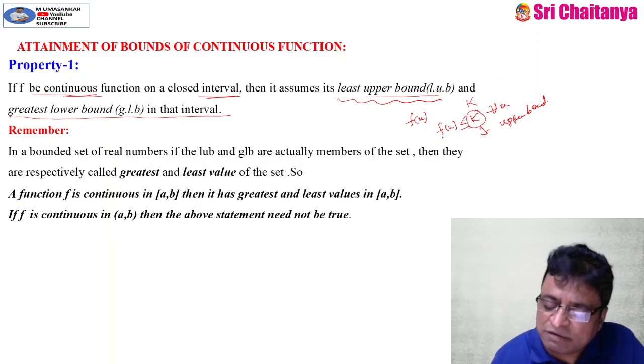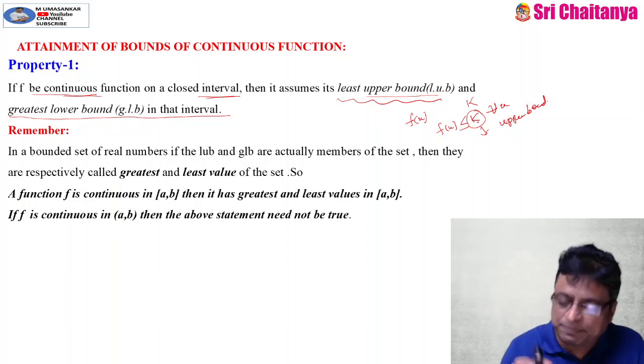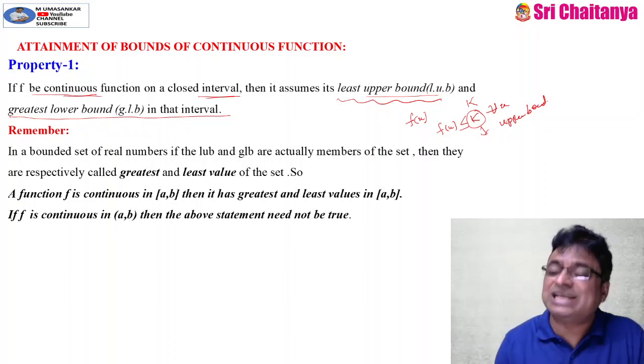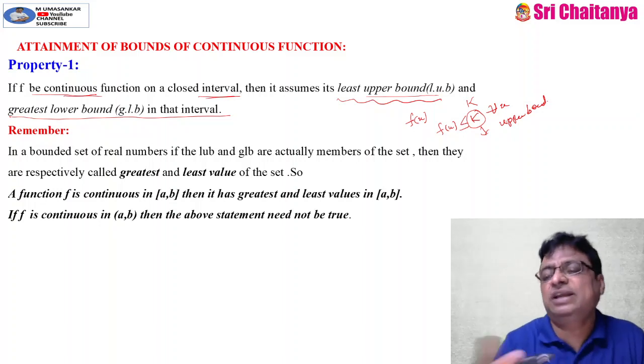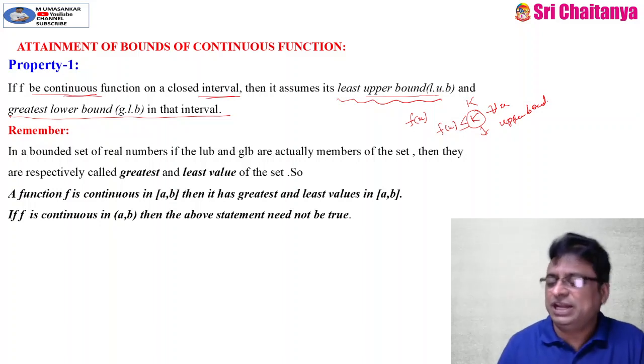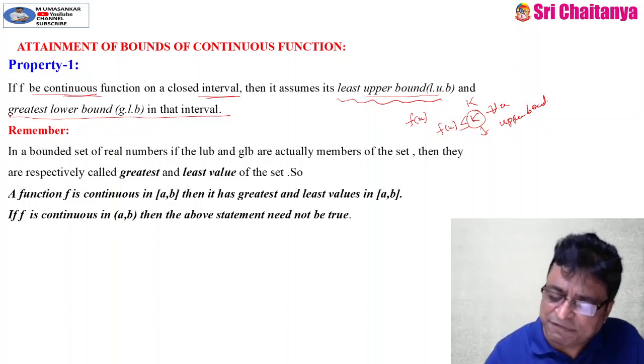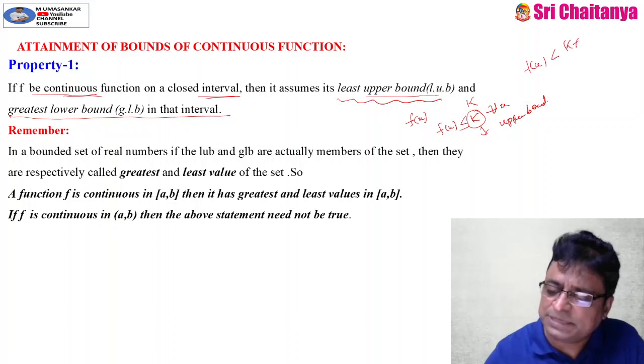If all the functional values are less than a particular number, then obviously all the functional values are less than any number more than that k. That means if f of x is less than or equal to k, then f of x is less than k plus epsilon.